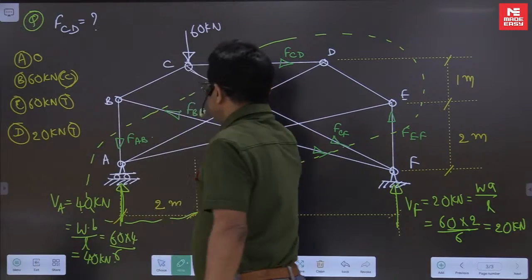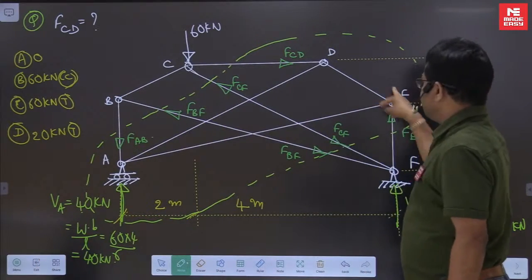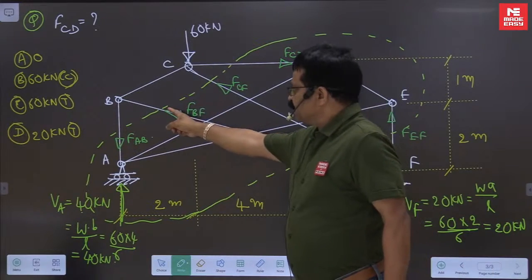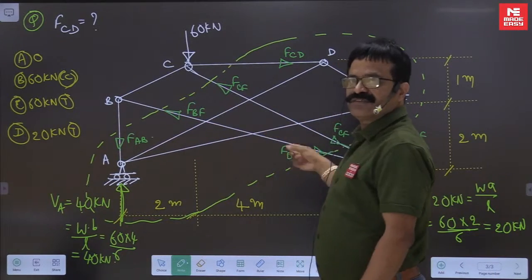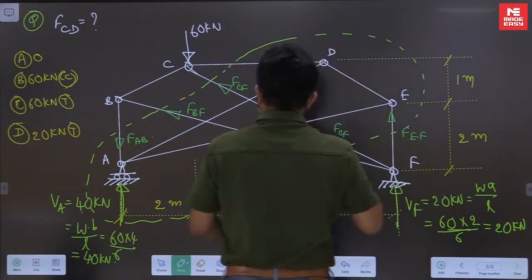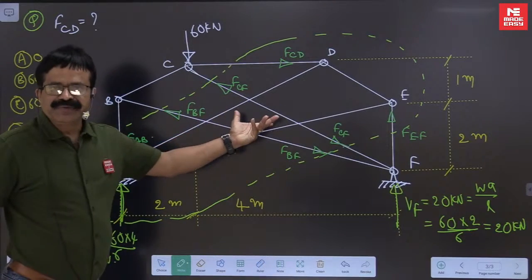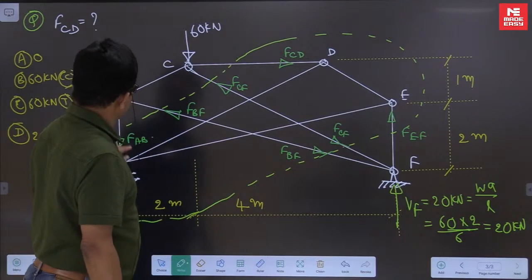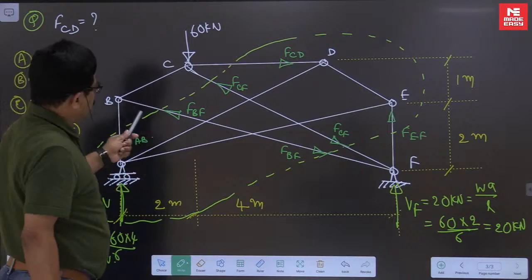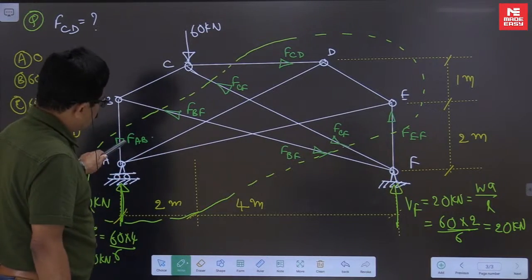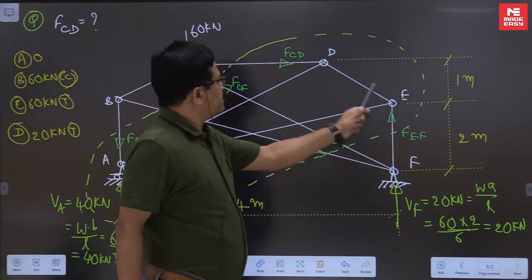So on this free body diagram of ADE, we have cut here and here, here and here, so they don't come into the picture. Whatever equilibrium equation you take, they will not come into the picture. Now the unknowns that will come into the picture are FAB, FEF, FCD.